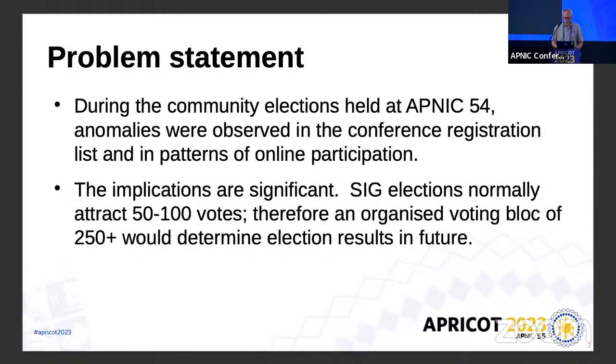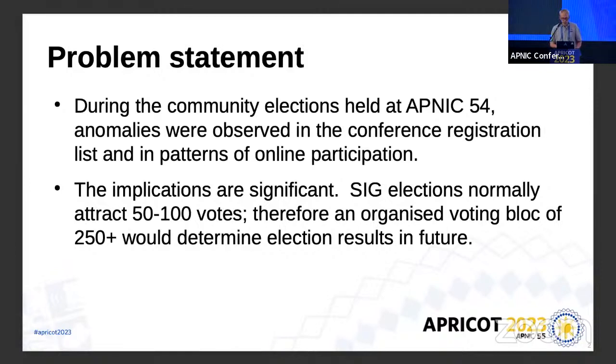However, APNIC 54 registration and attendance data did indicate significant potential for manipulation of the existing rules and procedures in future elections. A high number, 291, of questionable registrations from a single organization was notable, as the suspect registrations will be entitled to vote in future elections under current rules. This may be interpreted as a manipulation of election rules in an attempt to dominate future elections.